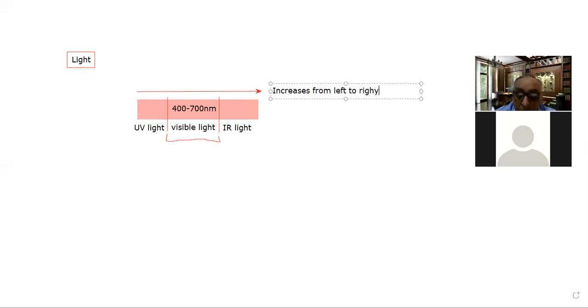And if I take it otherwise, then we can say the energy of the electromagnetic waves increases from right to left, right? So energy increases from right to left. So these are the important points, right? Right to left. Okay, so this we can say is the wavelength.